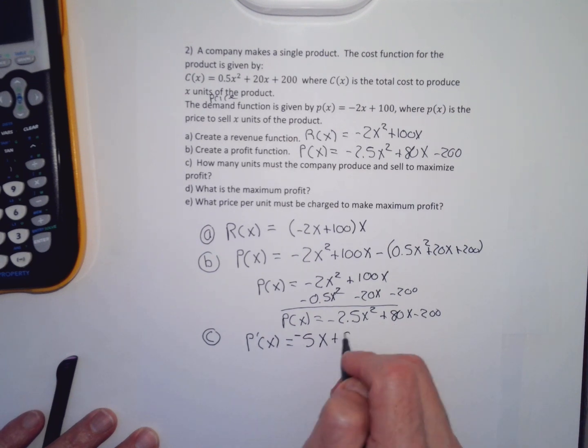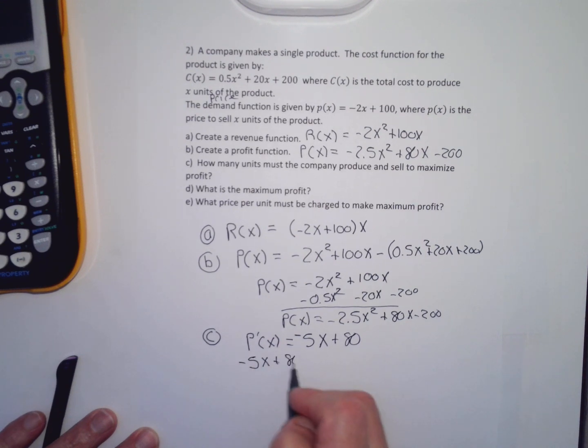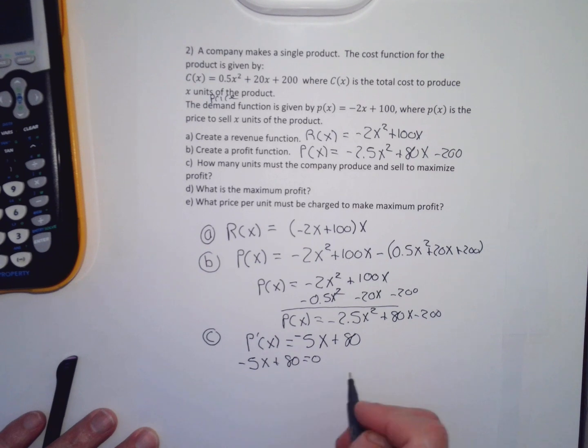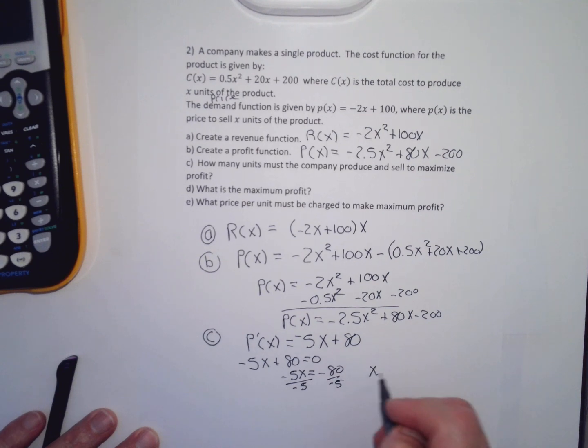I'm going to set this equal to 0. So negative 5x plus 80 equals 0. Minus 80 gives me negative 5x equals negative 80. Divide by negative 5, divide by negative 5, and I think that comes out to 16.